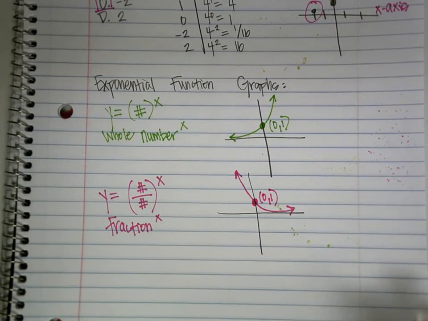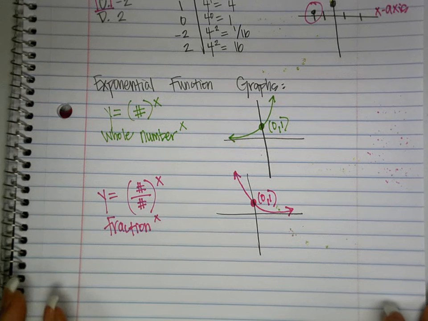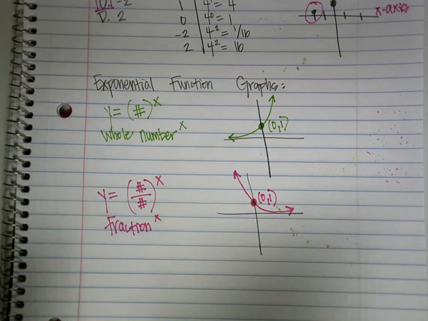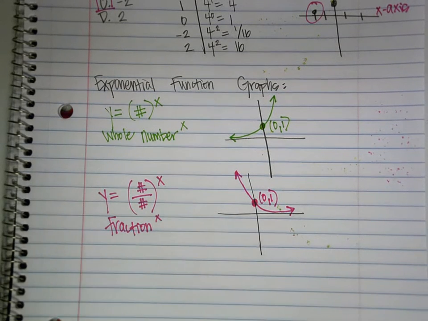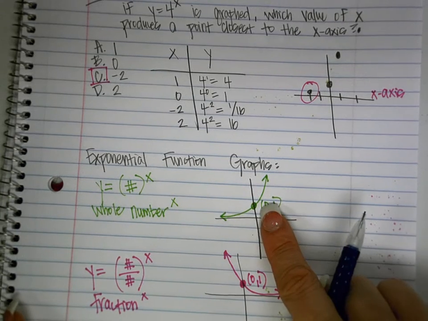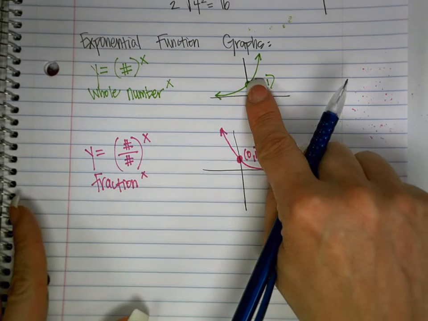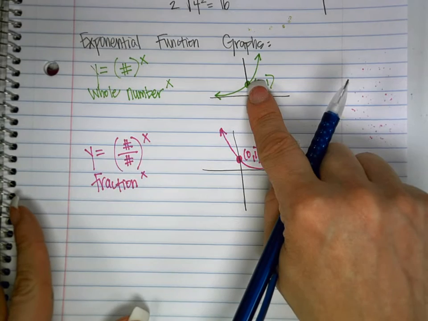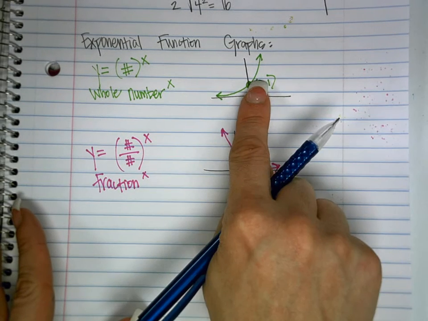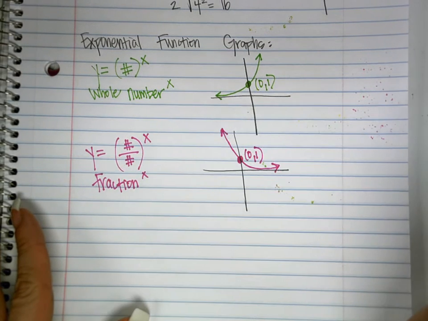So anytime you have something that looks like number 3, y equals 4 to the x, I don't actually want you to graph that. I just want you to know, is that a whole number graph or a fraction graph? That's a whole number graph. So you can know the general form of a whole number graph looks like this. Closest to the x-axis will be the smallest number, the most negative number.